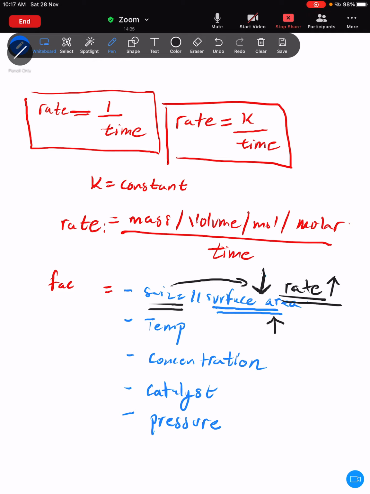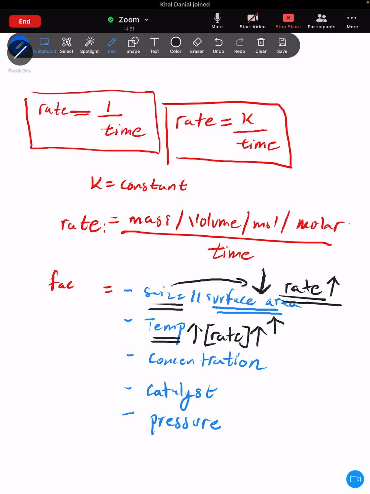And also, when you are talking about temperature, the higher the temperature, the higher the rate of reaction, due to higher kinetic energy. On the other hand, for concentration, the higher the concentration, the higher the rate of reaction. Why?